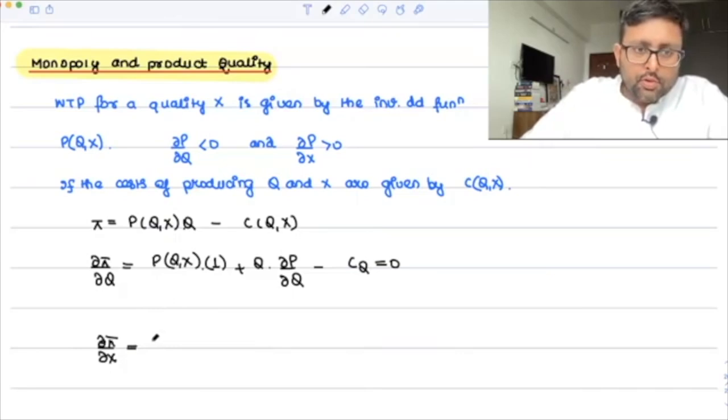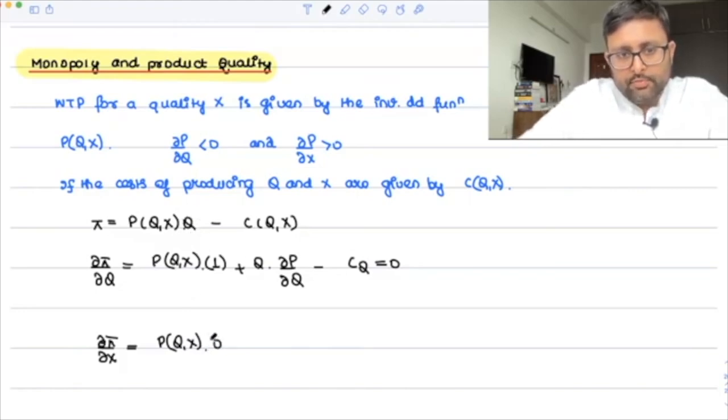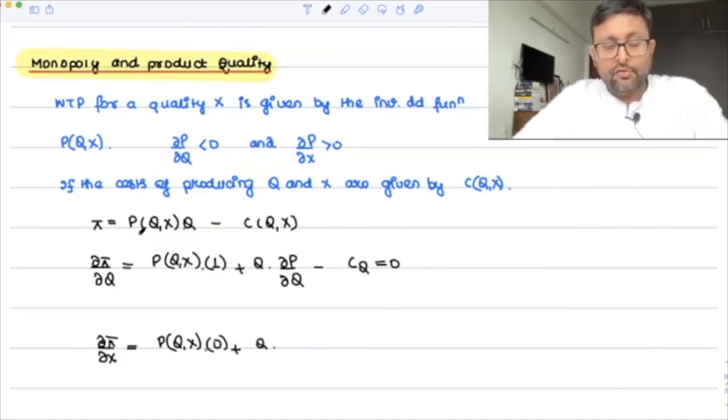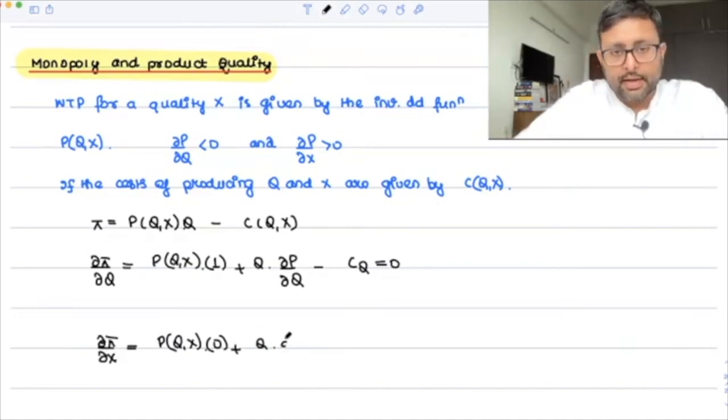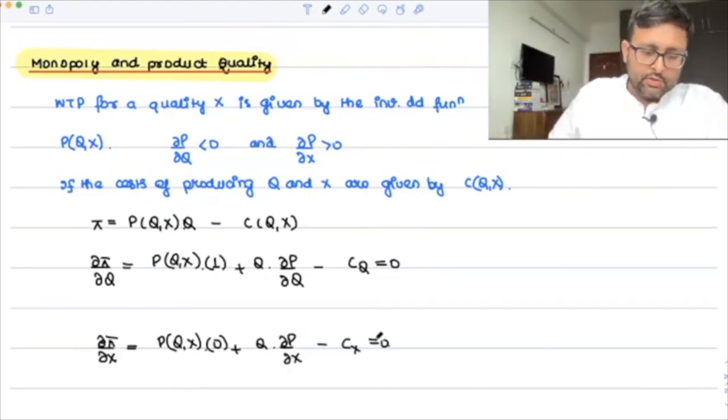So first function as it is, now you have to differentiate this with respect to X, right? So first function as it is into derivative of the second function with respect to X, that is 0, plus second function as it is into derivative of the first function with respect to X, that is del P by del X, minus Cx equals to 0.